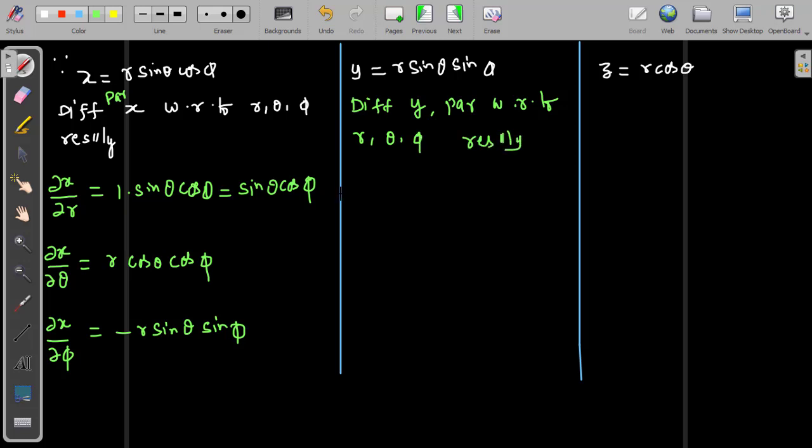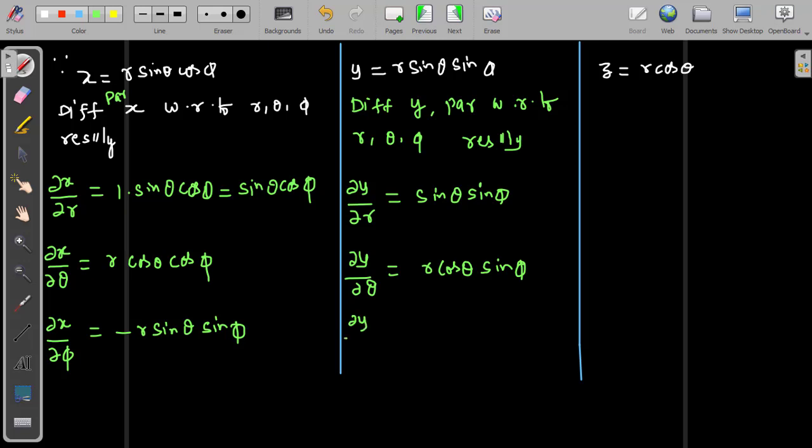In this case, dou y by dou r means the same procedure. You are left with only sine theta into sine of angle phi, because the r derivative is 1. Again dou y by dou theta means the derivative of sine theta is cosine theta, so cosine theta multiplied by sine of angle phi.